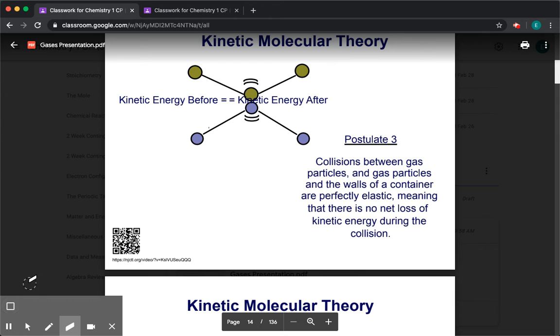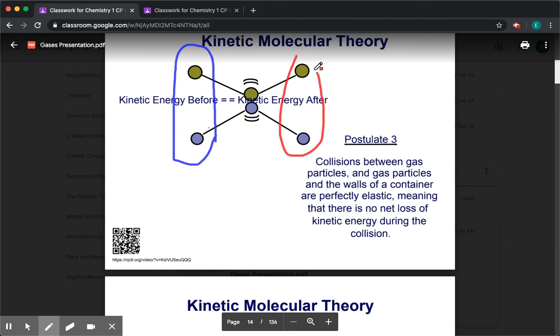So what they're saying is the total of these two, this is before they crashed, is always going to equal the total of these two after the crash. Okay, the total energy before is going to be equal to total energy after. So the total kinetic energy in the system is always going to remain the same.